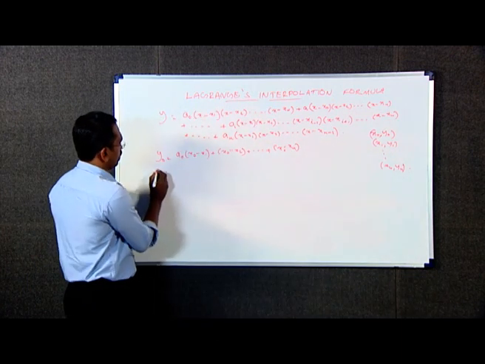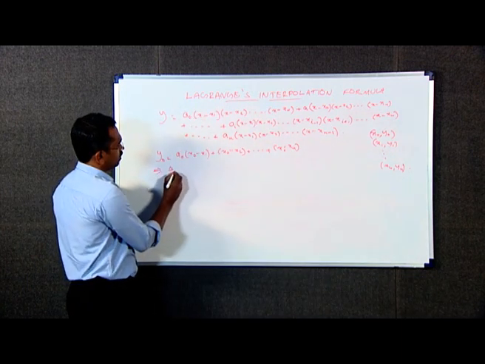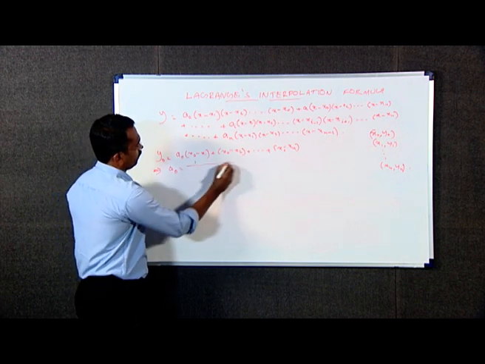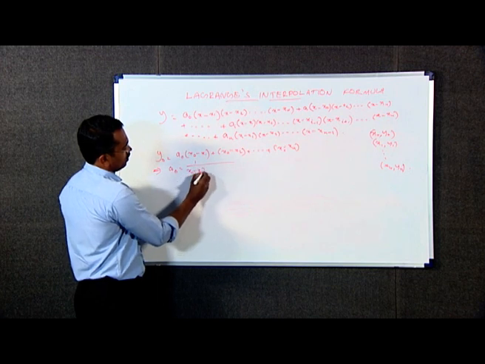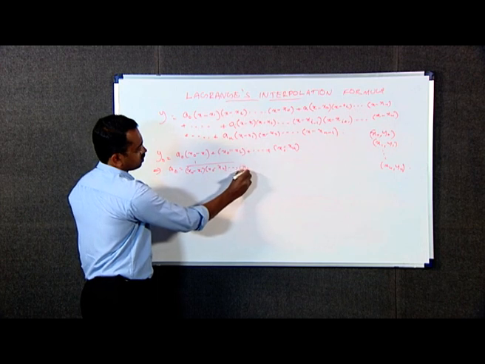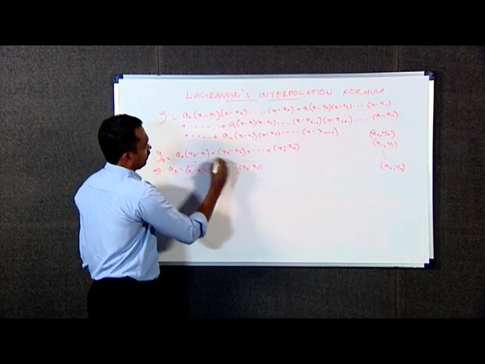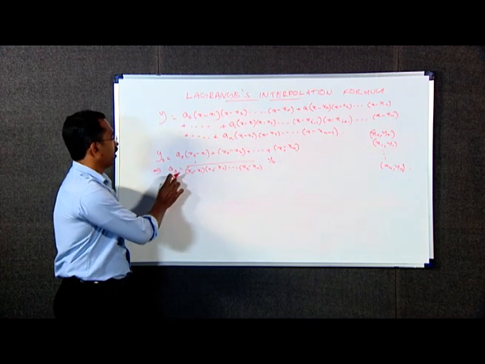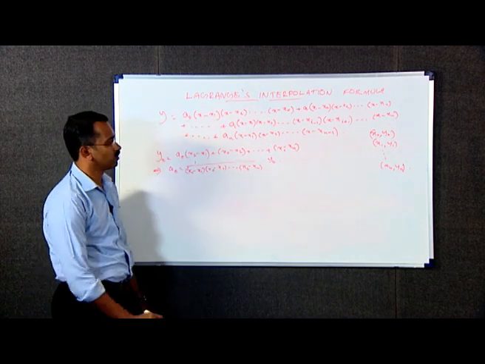This gives a naught is equal to 1 by x naught minus x1 into x naught minus x2 into etc. x naught minus xn into y naught. This is the value of coefficient a naught.